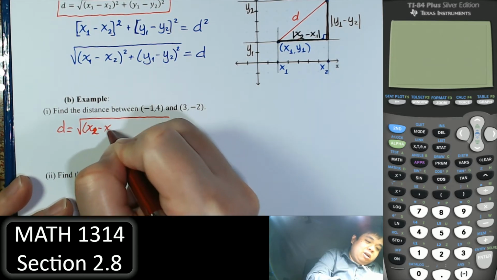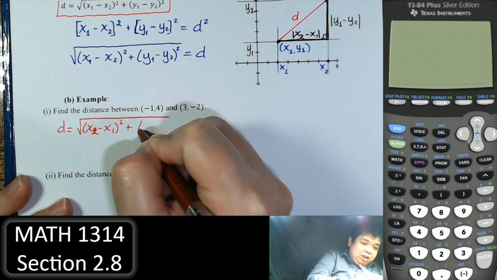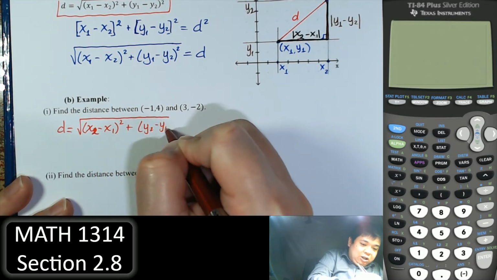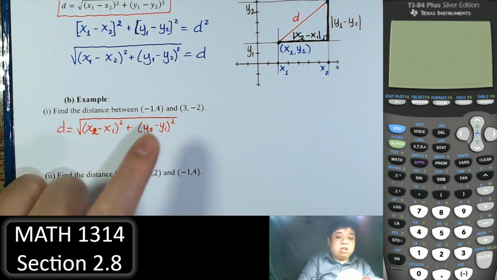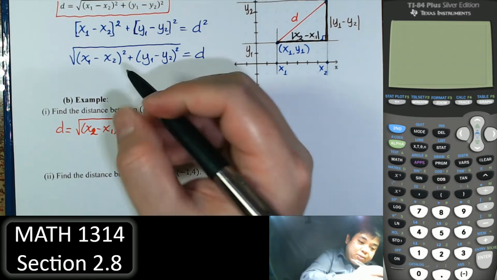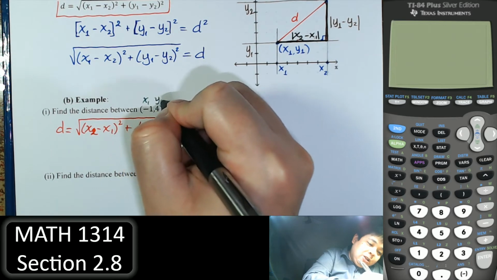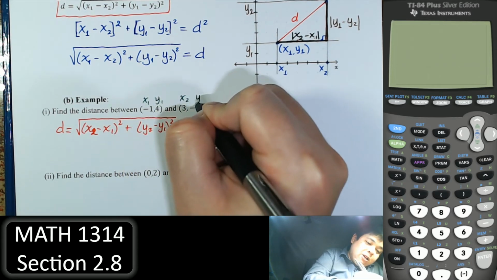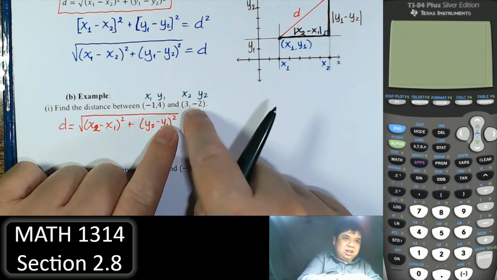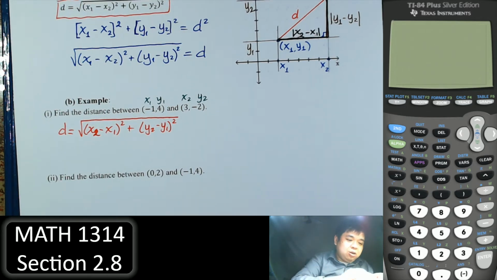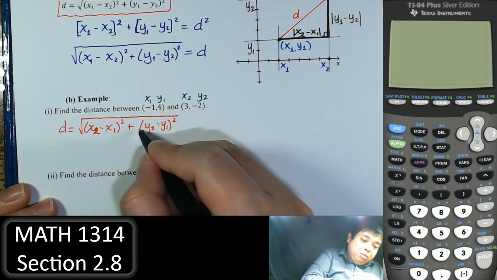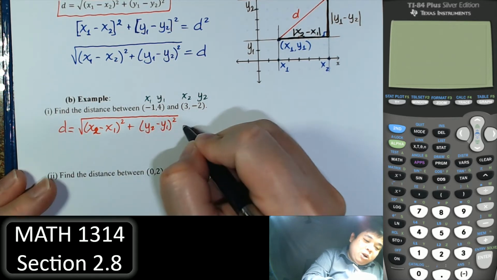I could just say x2 minus x1 squared, y2 minus y1 squared. As long as the x's go with the x's, the y's go with the y's. Don't switch them. And of course we can interchange x2, y2 with x1, y1. The distance from one point to another is the same the other way around. So the x minus x squared plus the y minus y squared, take the square root.